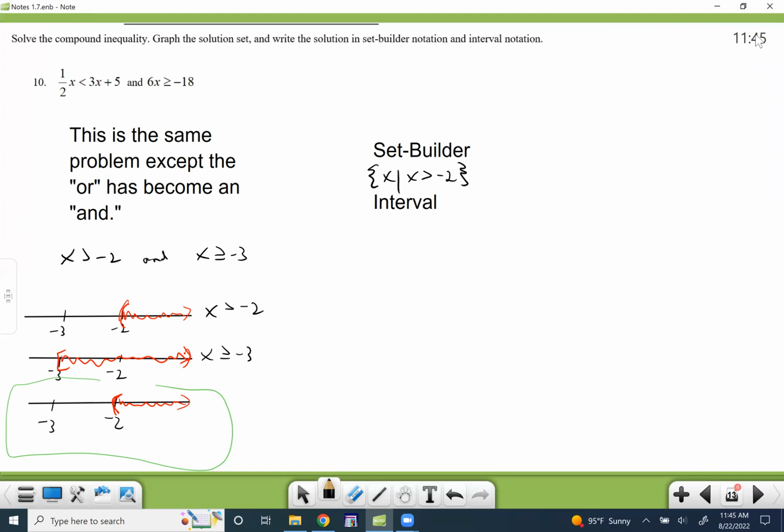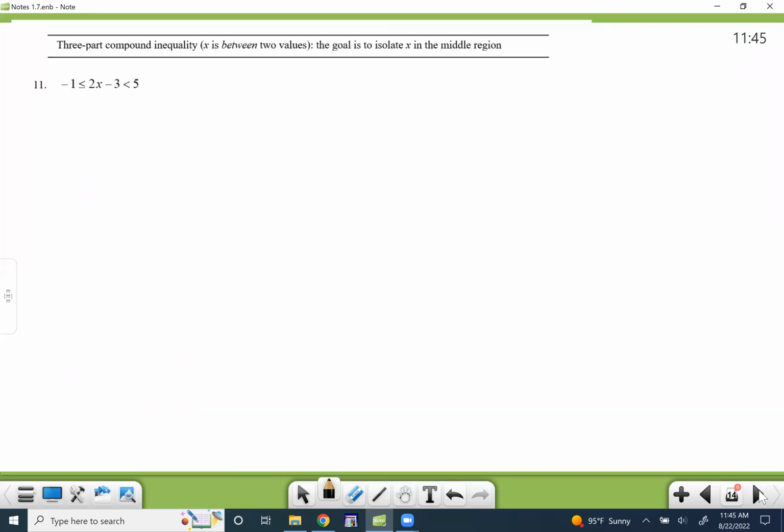And then for the interval, it looks like it's going to be parentheses -2 all the way to infinity. So totally, the first two graphs are the same, but it's a big deal that we look at the "and" and the "or" because it gives us a different solution on each.